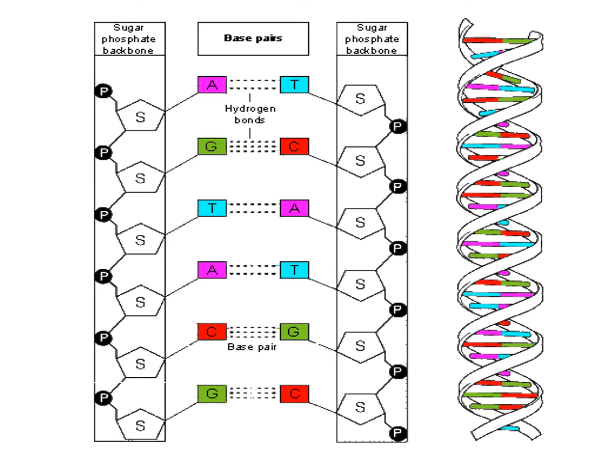A sugar, a phosphate, a base. So you might imagine the rungs of the ladder here are made up of base pairs. It's always, always C's and G's, G's and C's, and likewise A's and T's, T's and A's. Those base pairs are held together by hydrogen bonds. You should recognize these dotted lines here as being hydrogen bonds. They're somewhat weak bonds, but they're strong enough to allow these base pairs to hook together.